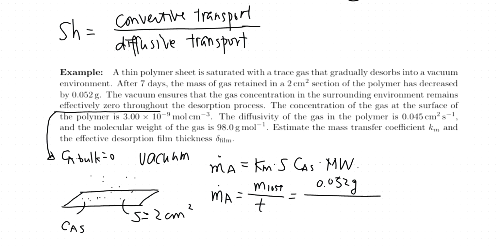Each day we have 24 hours, and each hour we have 3,600 seconds. Then you will get your mass transfer rate to be 8.6 times 10 to the power of -8 gram per second.